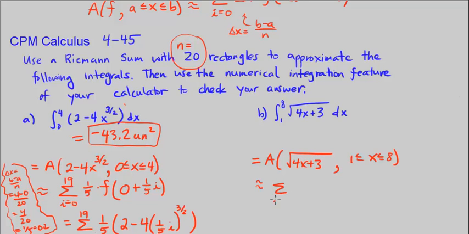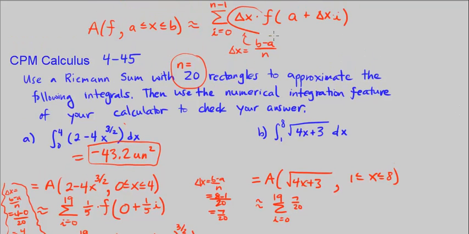So we have sigma i is equal to 0, and we have 20 rectangles still. So that is going to be stopping at 19. Delta x, so let's again calculate delta x, is b minus a over n. B minus a is 8 minus 1 over n is 20, so that's equal to 7 over 20. So 7 over 20 is delta x, right?